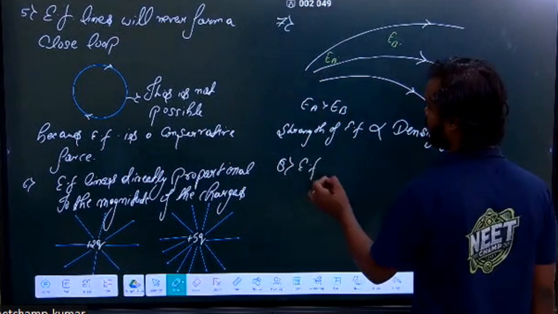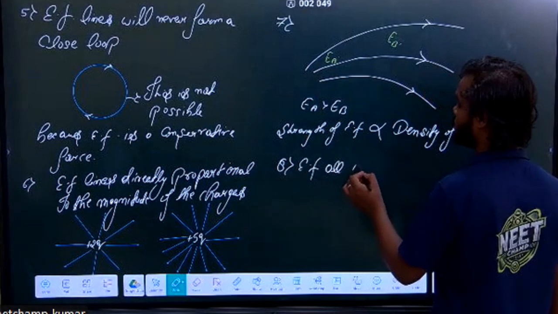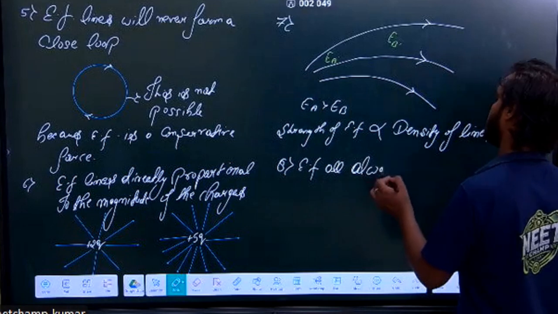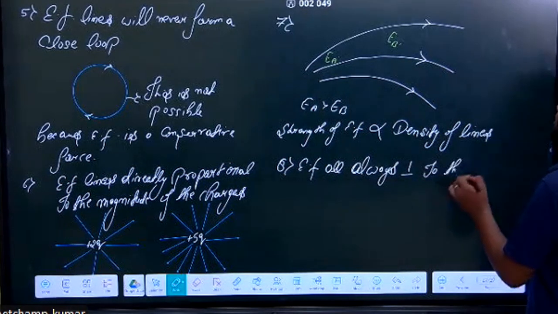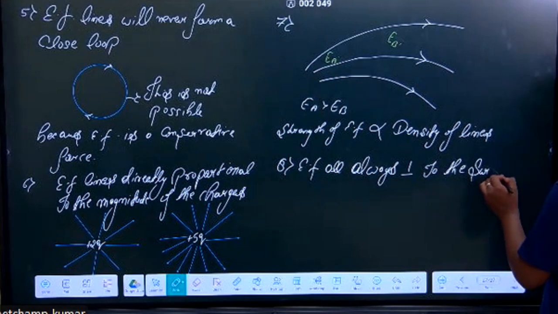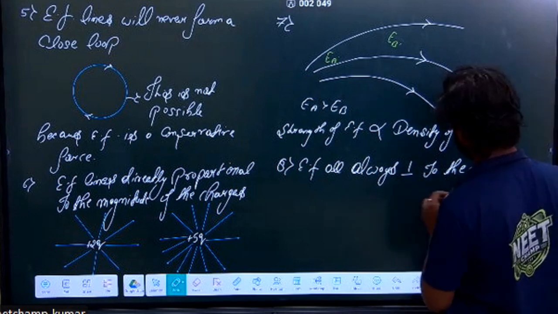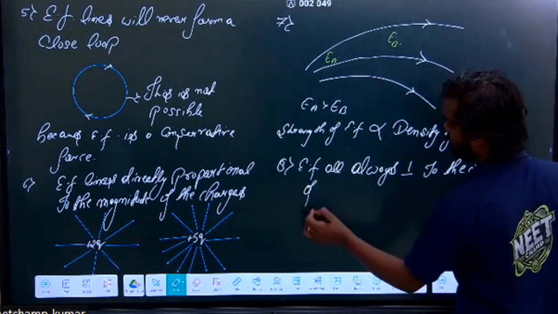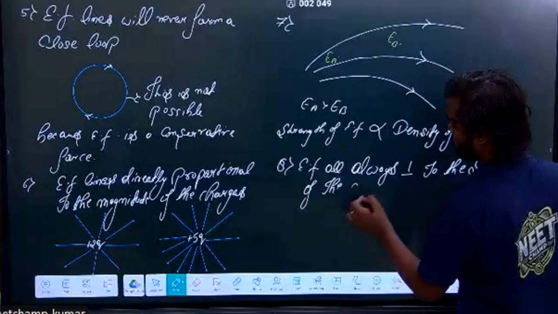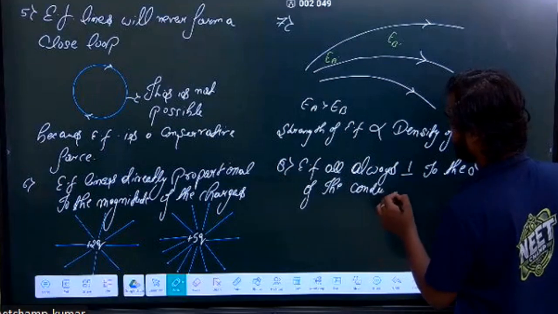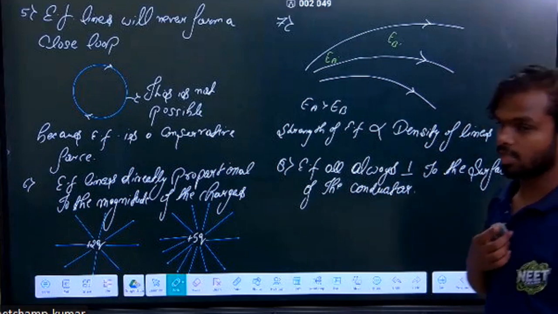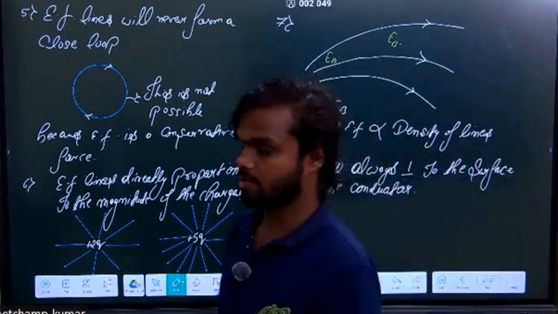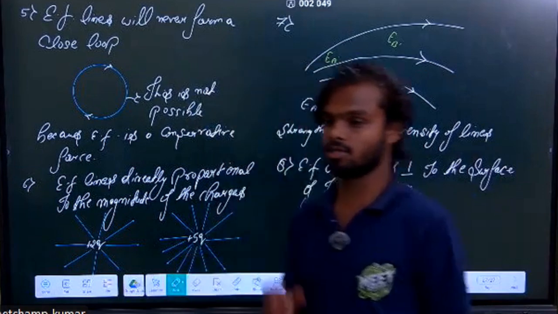Electric field lines are always perpendicular to the surface of conductor, but I will tell you the reason and proper explanation for this when I teach you the conductors. Perpendicular to the surface of the conductors. Reason will be given when I teach you conductors before starting the capacitors, because before starting capacitors you should have all the knowledge about the conductors.